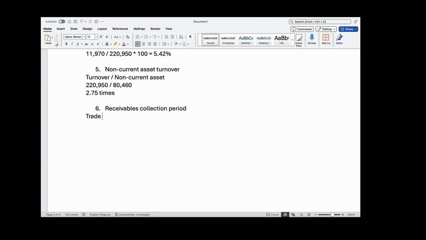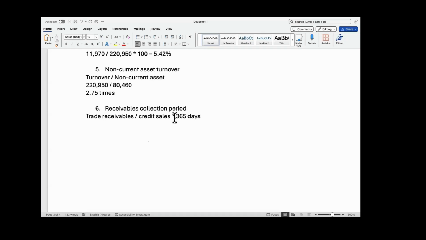That's correct. So don't just say receivables, put it as trade receivables over credit sales. And please don't forget to put 365 days. If you don't put 365 days, you are wrong. The examiner will mark you down.